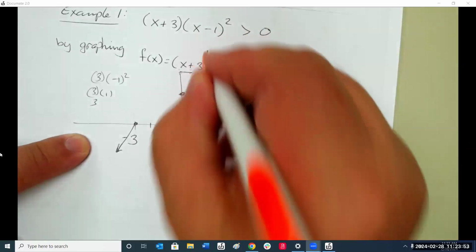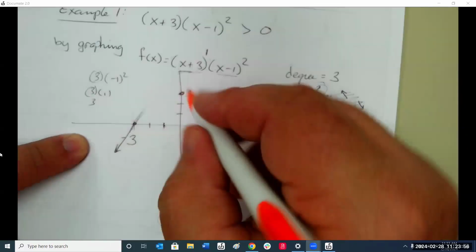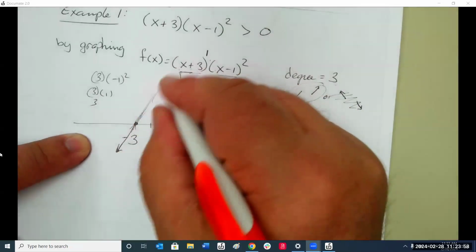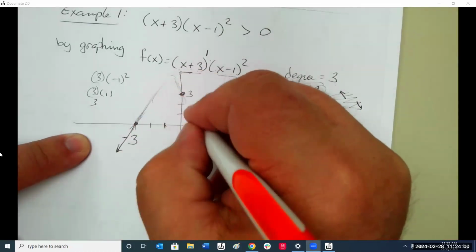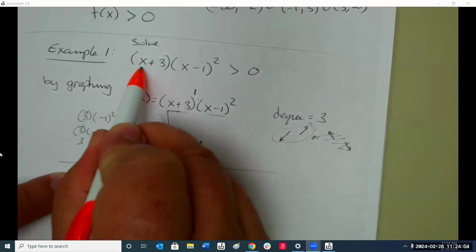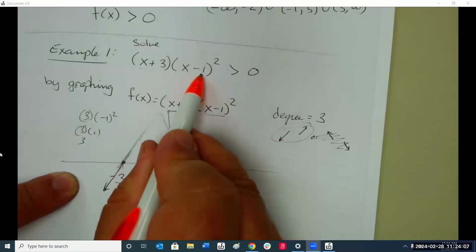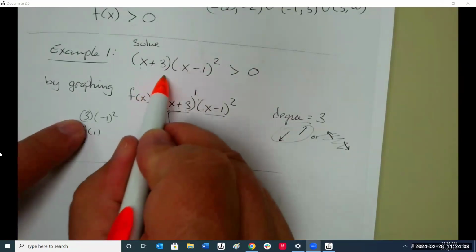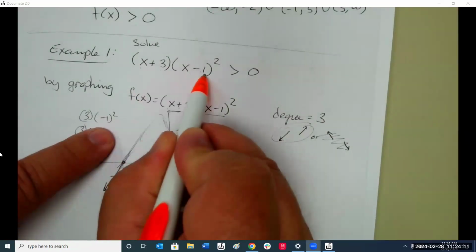Right, because the multiplicity is odd. Set x equal to 0 and work it out. Anywhere you see an x in the equation, set x equals 0. So you just have 3 and then -1 squared.